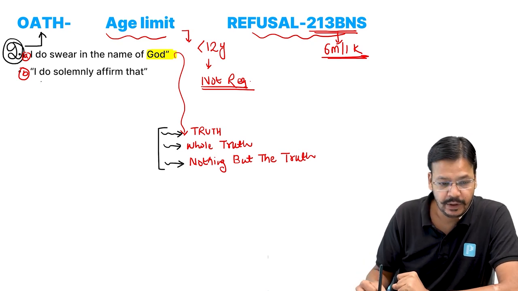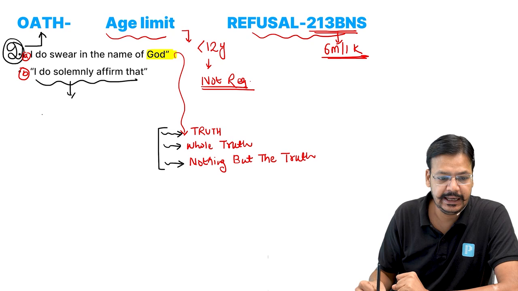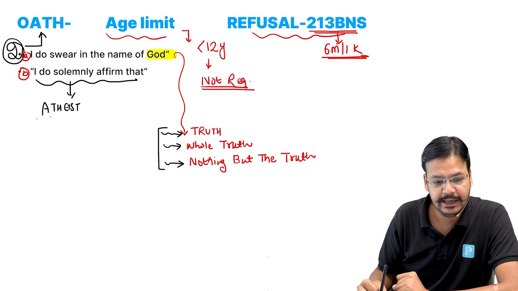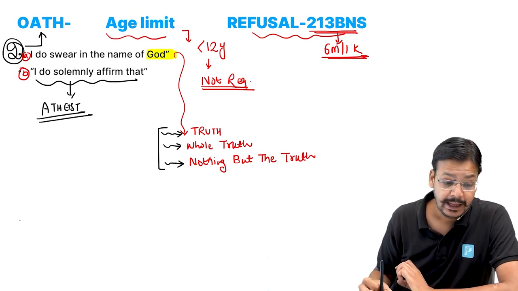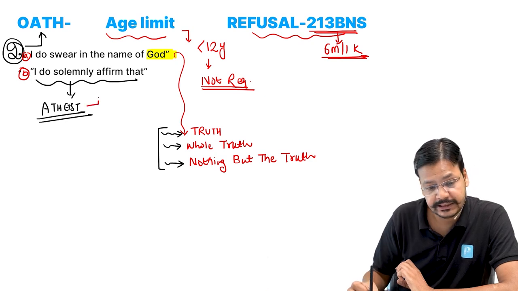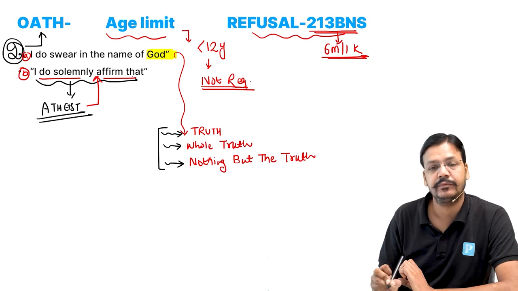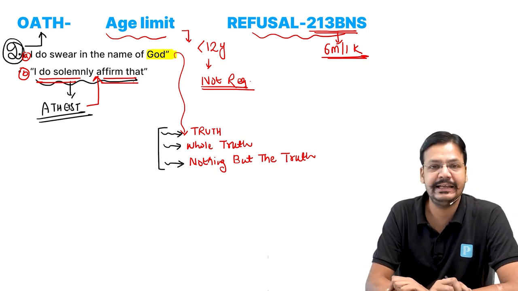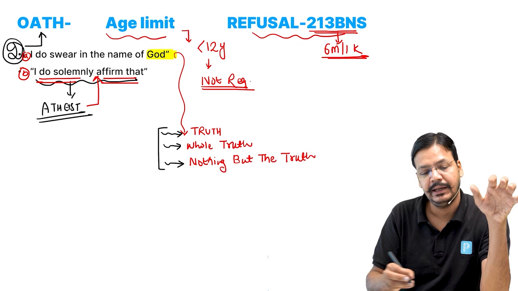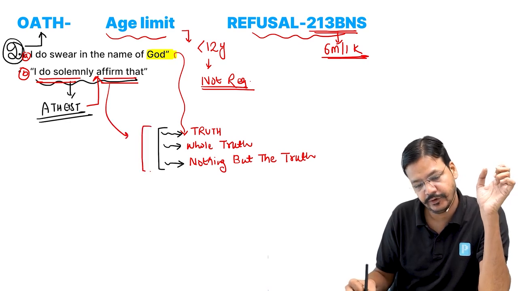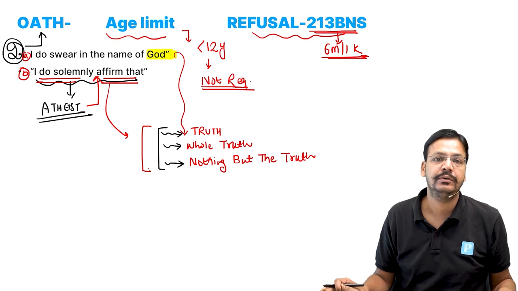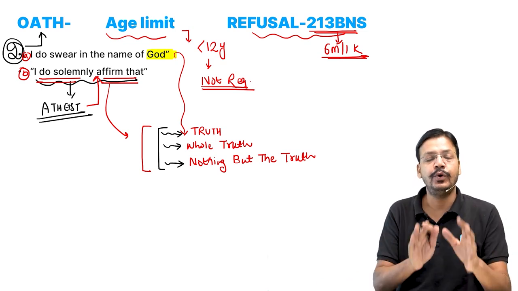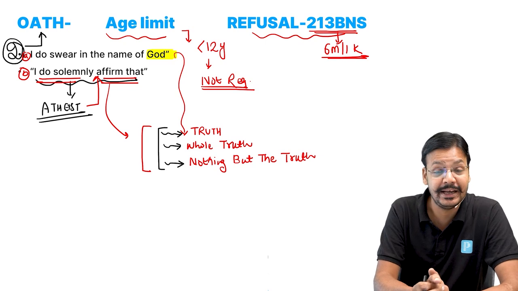But the only exception is if you are an atheist. An atheist is a person who doesn't believe in God. What does an atheist say? I solemnly affirm, and the same sequence: I shall speak truth, whole truth, nothing but the truth. So if you refuse the oath, it is 213 BNS.